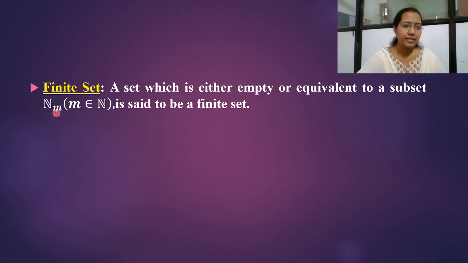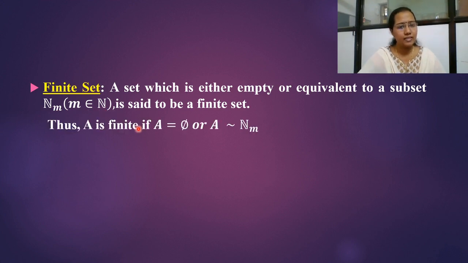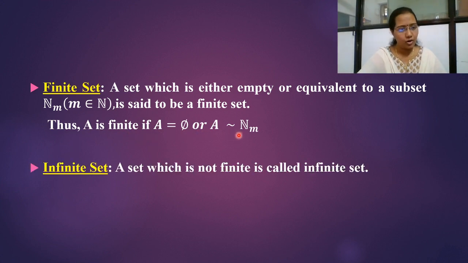Here N_m, that m may be 1, 2, 3. N_1 means 1, N_2 means 2 elements from the natural numbers, N_3 means 3 elements from the natural numbers, like this. Or we can say that by this definition, finite means A is equal to empty or A is equivalent to N_m. For an infinite set, a set which is not finite is called infinite.